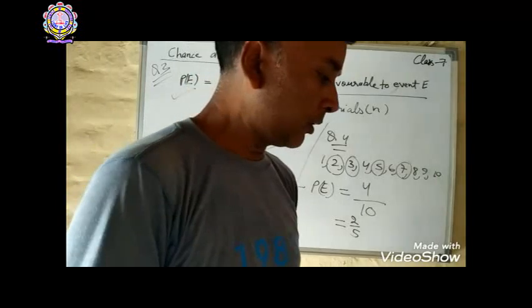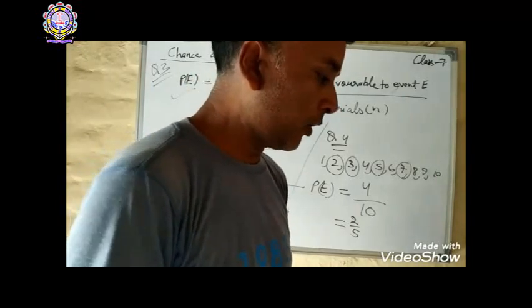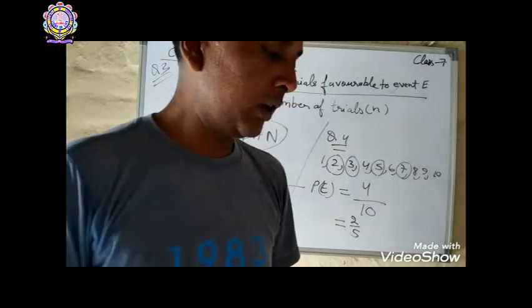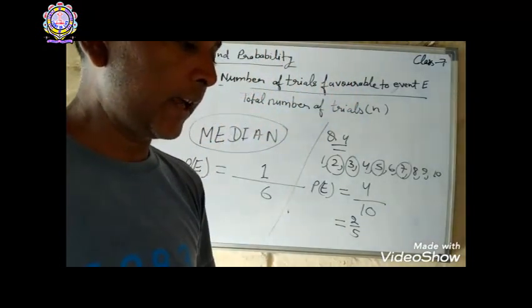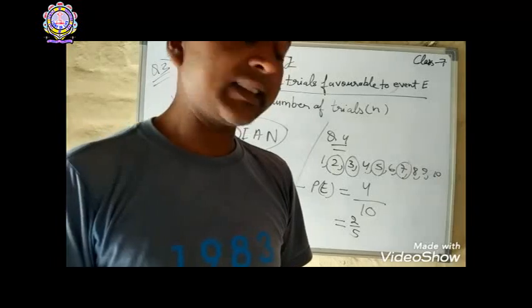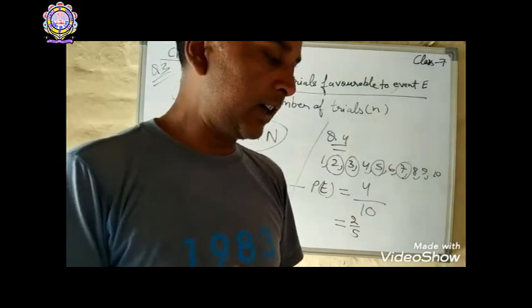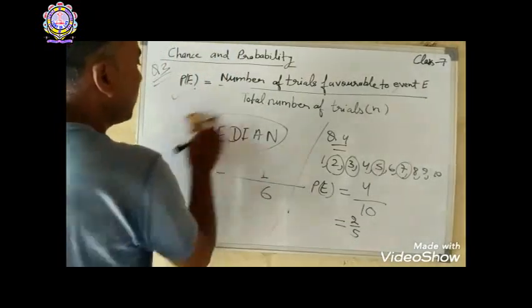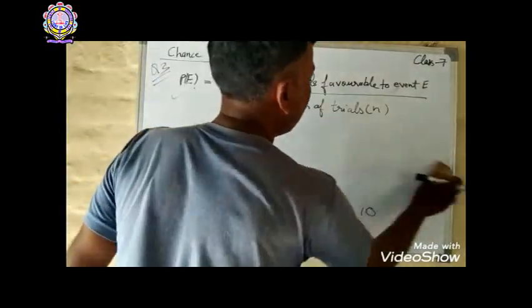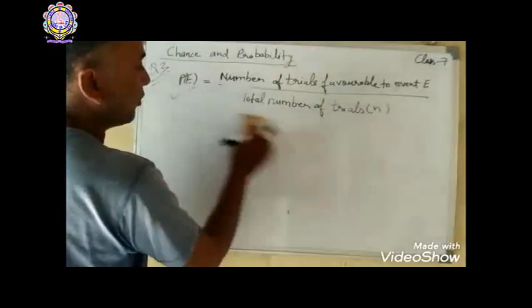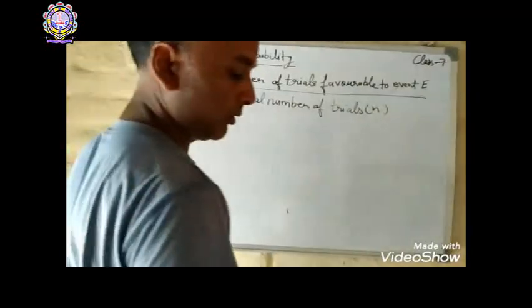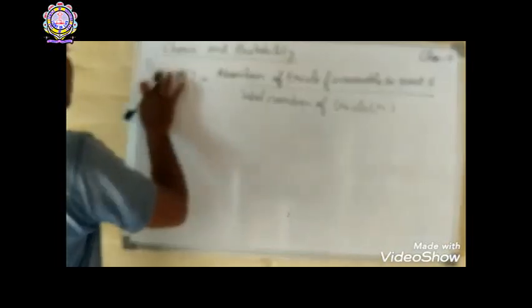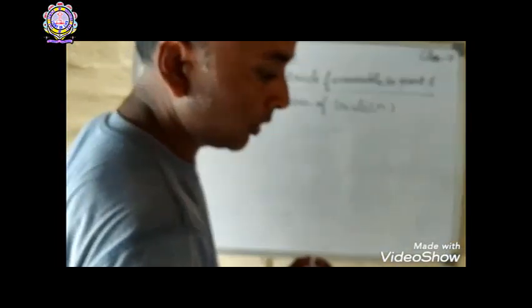Now question number 5. If one letter from the word EXCELLENT is chosen randomly, what is the probability that the chosen letter is E? Don't forget to write the formula in every question. First you have to write the formula and then solve the question.